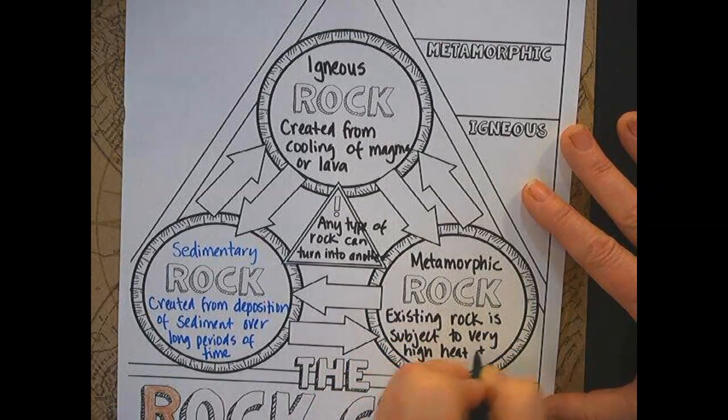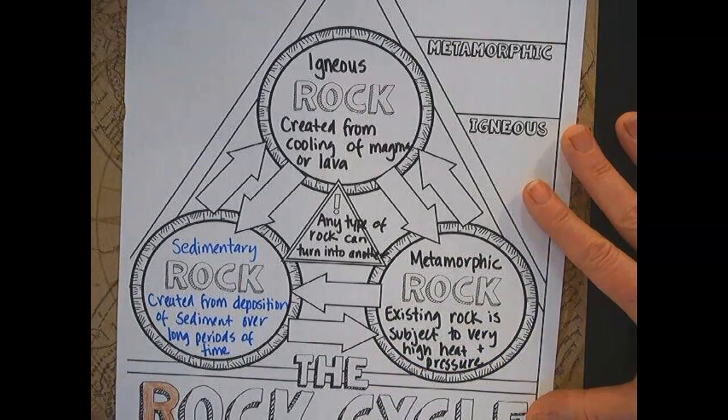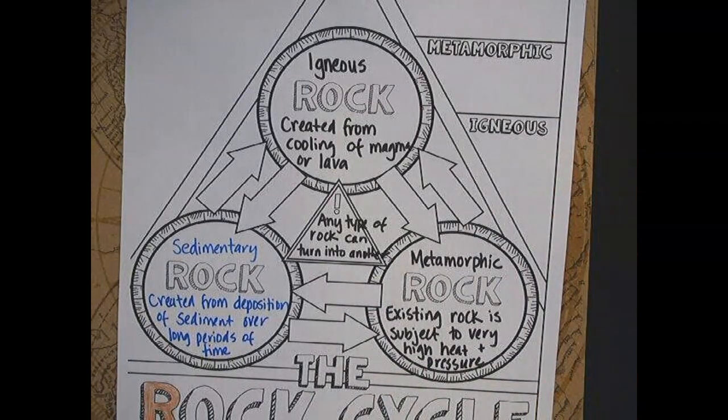So heat and pressure really are how metamorphic rocks form. So it's changing. It doesn't melt completely.